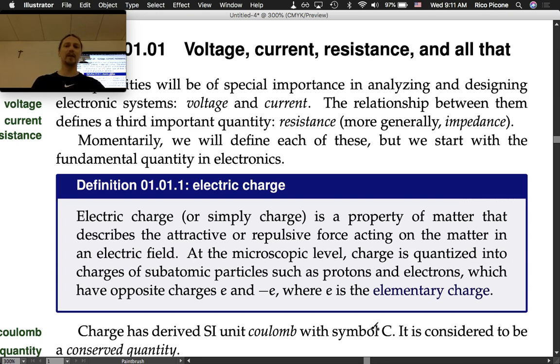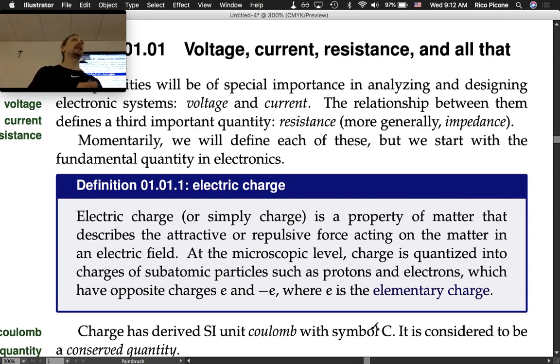At the microscopic level, charge is quantized, which means that it has discrete amounts, into charges of subatomic particles such as protons and electrons, which have opposite charges, e and minus e, where e is the elementary charge.